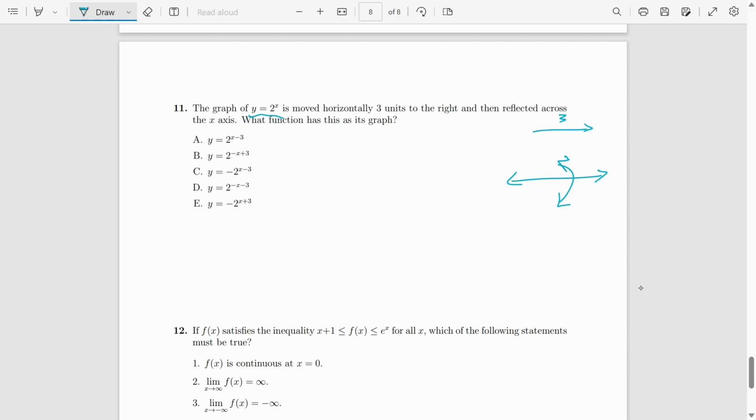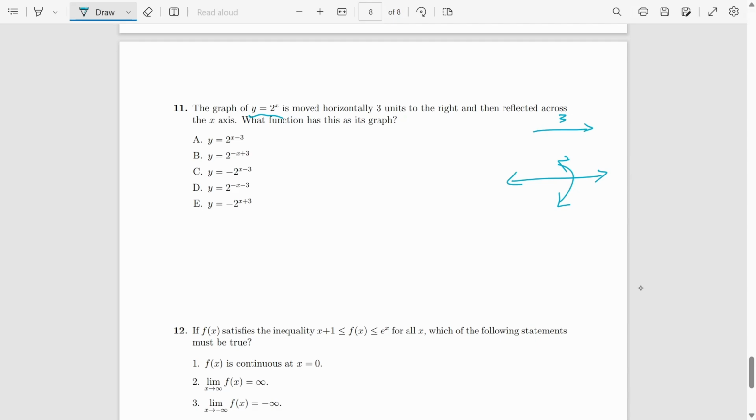So if the graph looked like this, afterwards it'll look like that because it's flipped across the axis. It's a little hard to visualize on a 2D drawing like this, but I hope you are picking up what I am putting down.